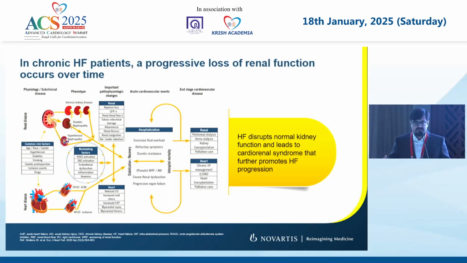When we talk about the heart, gradual reduced cardiac output, increased wall stress, and increased venous congestion again impact the kidney blood supply, and this again gets worsened over a period of time. So it is a vicious cycle that the patient goes into, and these patients have readmissions for recurrent heart failure, and their prognosis gets worsened for each admission.